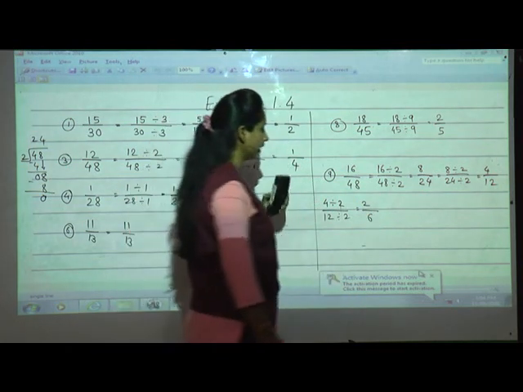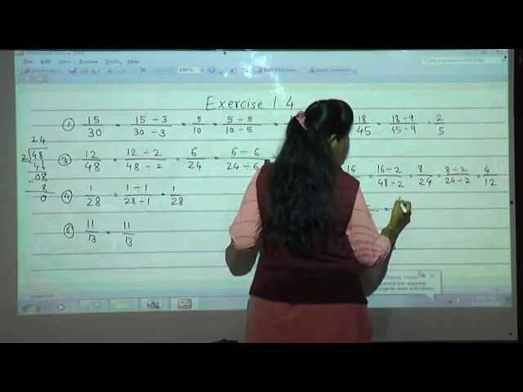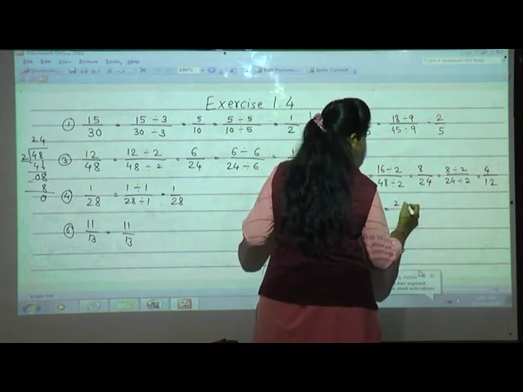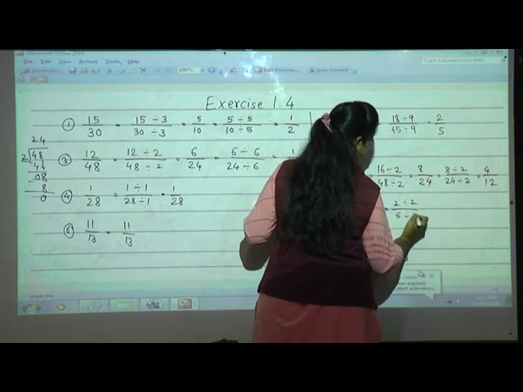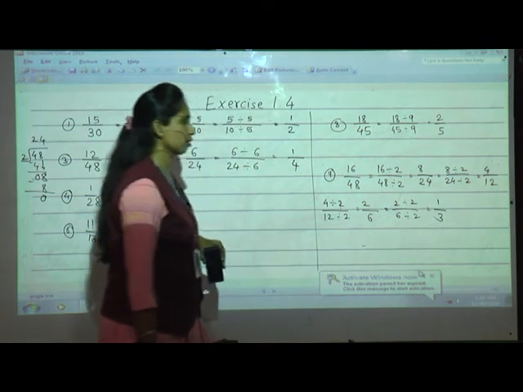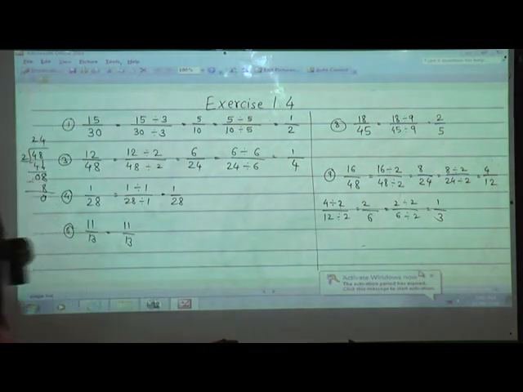Isn't it? Again we can, how? 2 divided by 2 and 6 divided by 2. 2 1s are 2, 2 3s are 6.